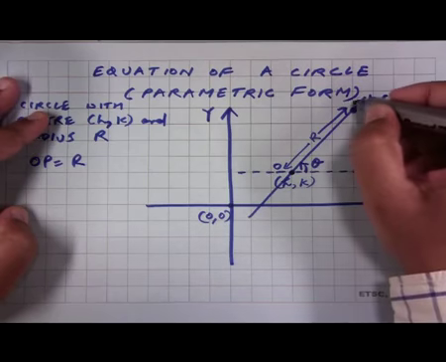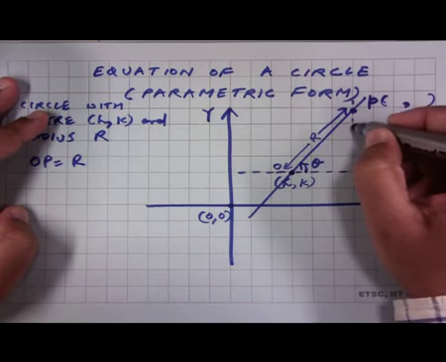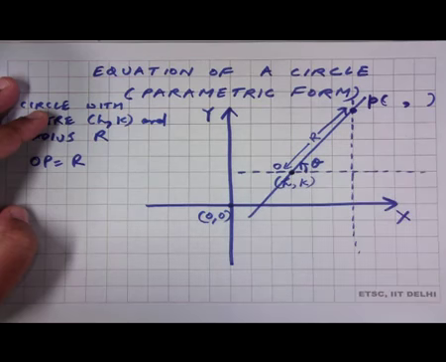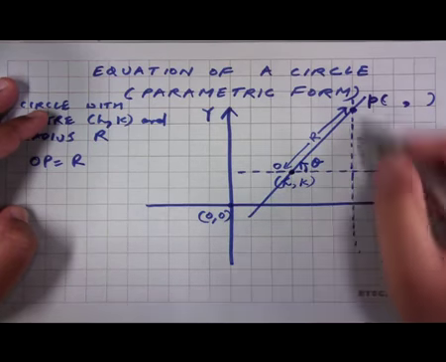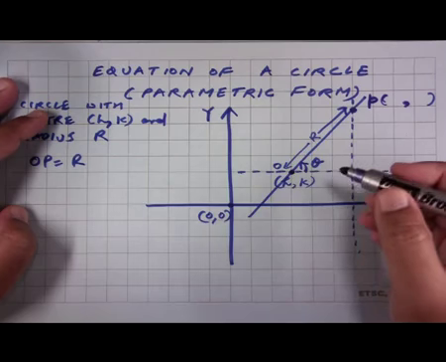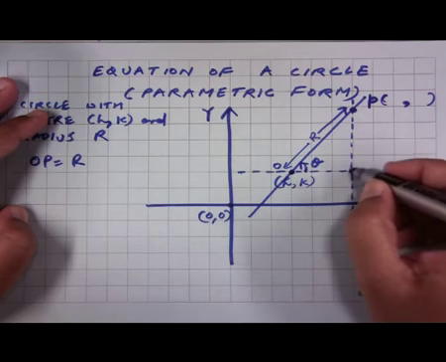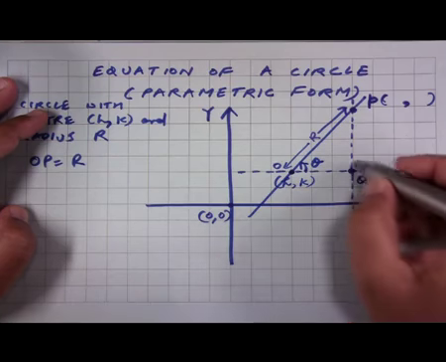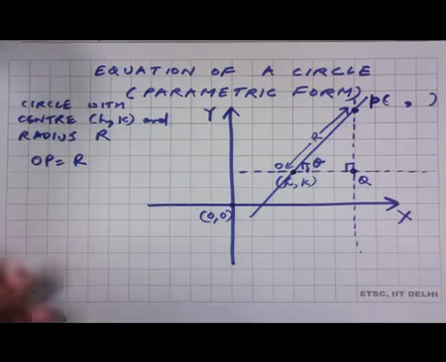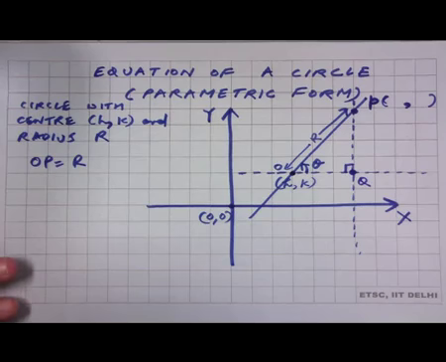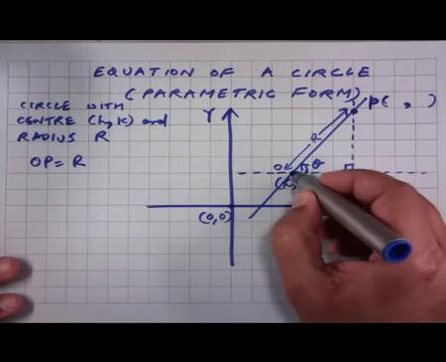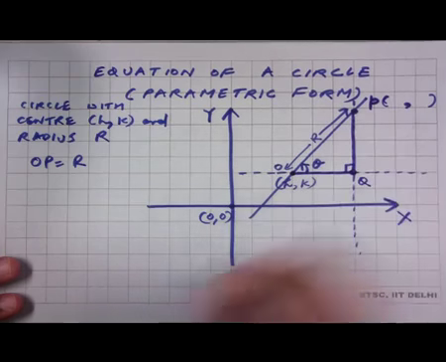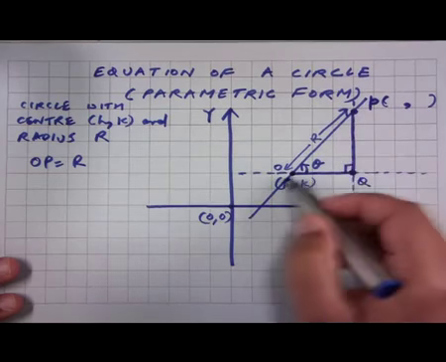If I also draw a line parallel to the y axis, then these two lines constructed by me will meet at some point Q over here at an angle of 90 degrees. And then I have this little right angle triangle OPQ.